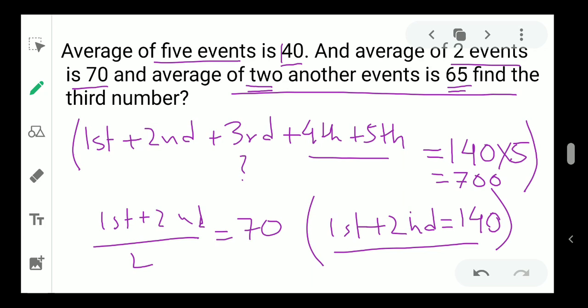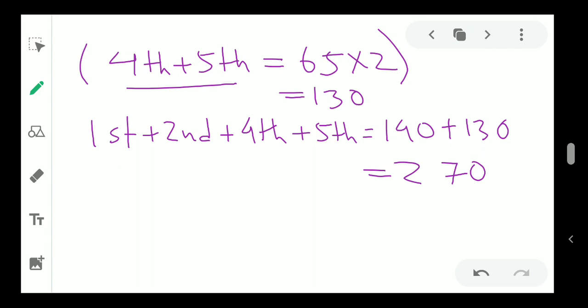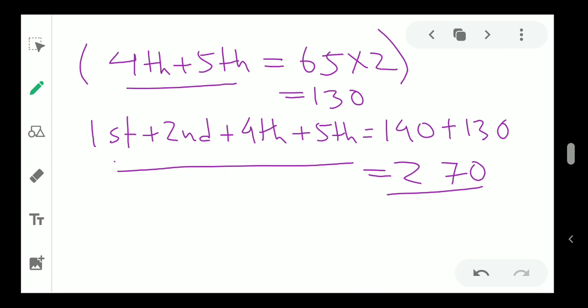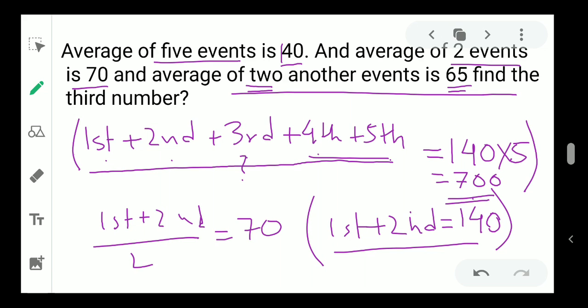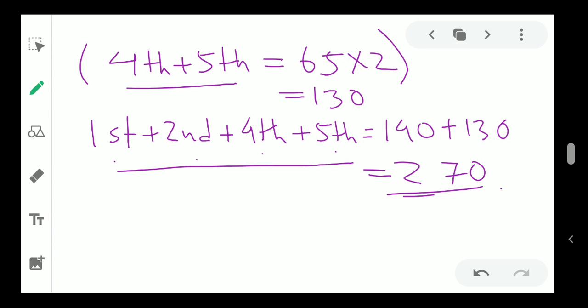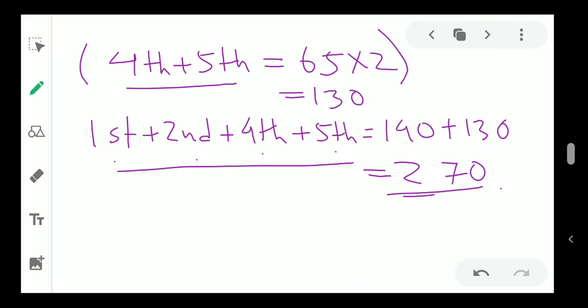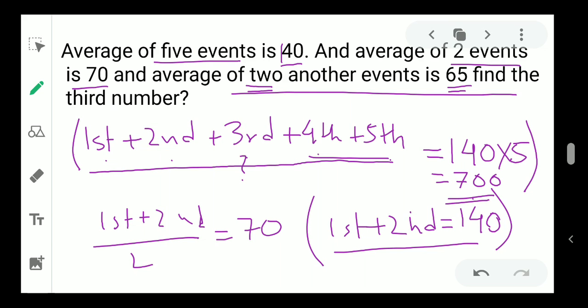And my first, second, third, fourth, fifth, these 5 events total has to be 700. So if I subtract, that means 700 minus first, second, fourth, fifth, that is 270, what will I get? I will get the third, because this first will get cancelled with this first after subtraction, this second will get cancelled with this second, so I'm just cutting it so that you can understand.